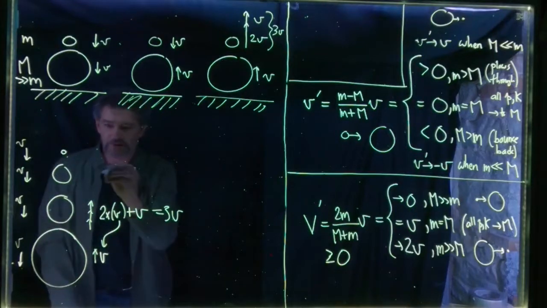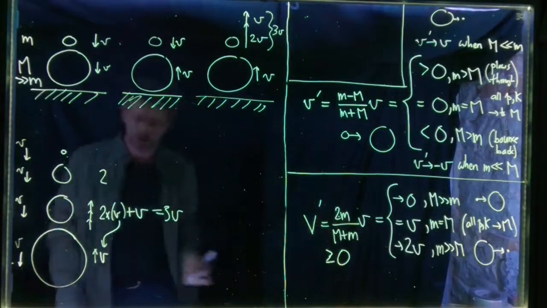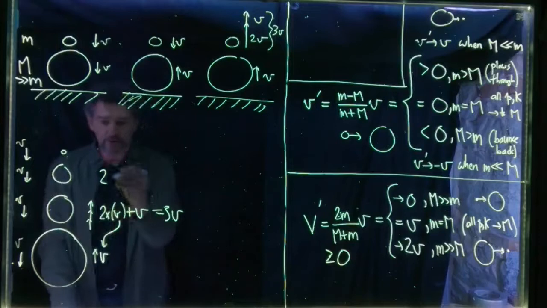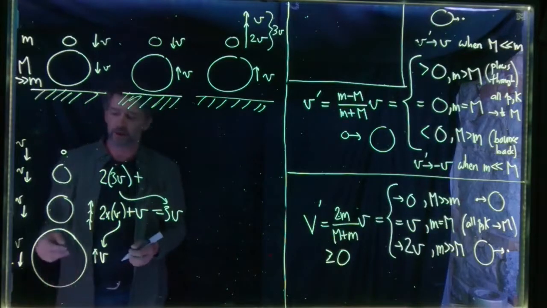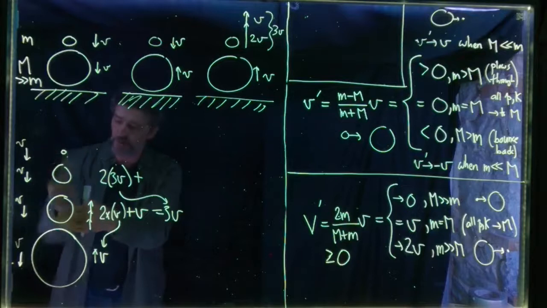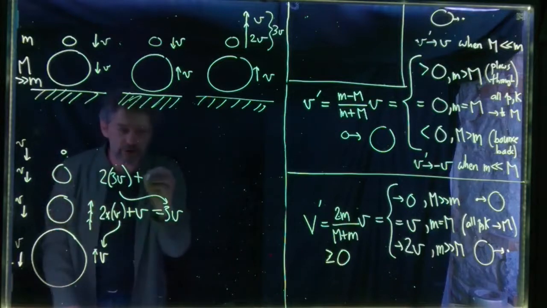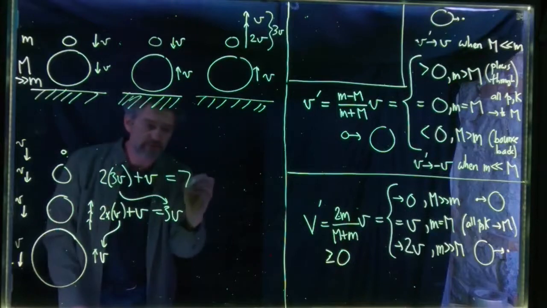You take twice the velocity of the ball below it, which was 3v, and you add to it the fact that this ball was not at rest when this ball hit it. It was actually moving down. So even if that one was at rest, this one would go dunk dunk and be moving upwards with the speed v. So you add another v. So this is 2 times 3 is 6, plus 1 is 7v.